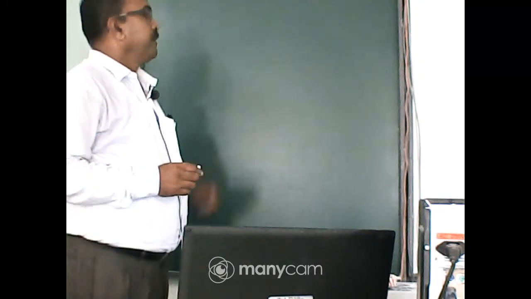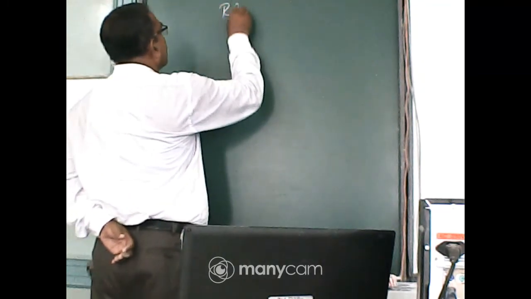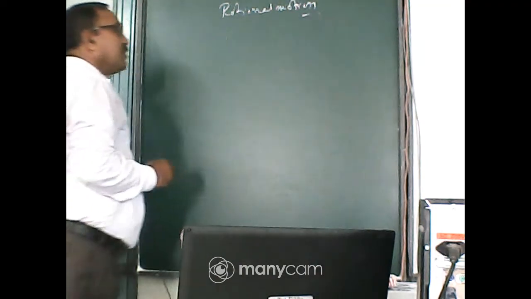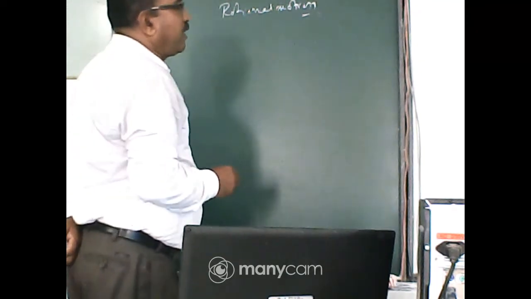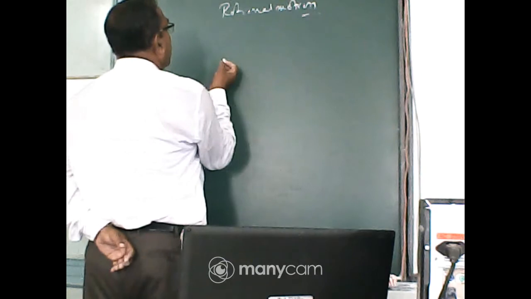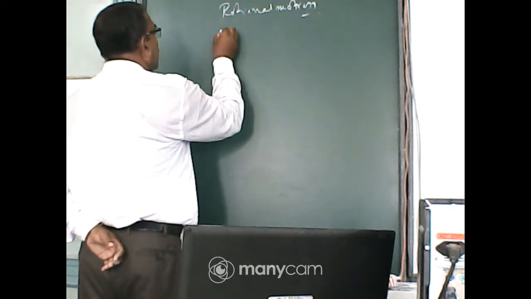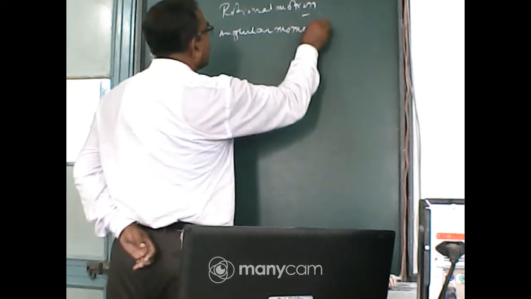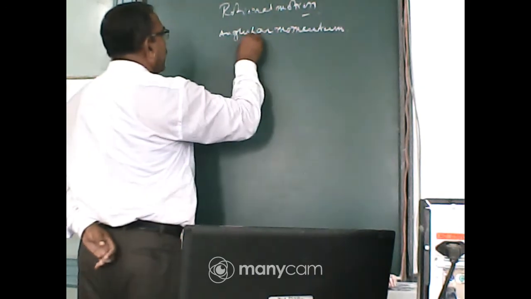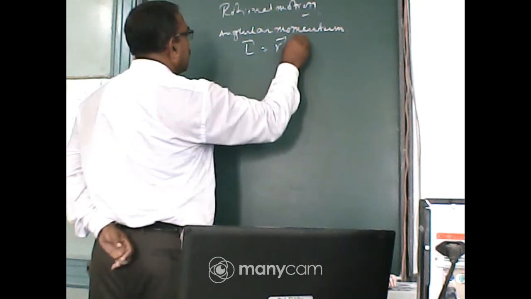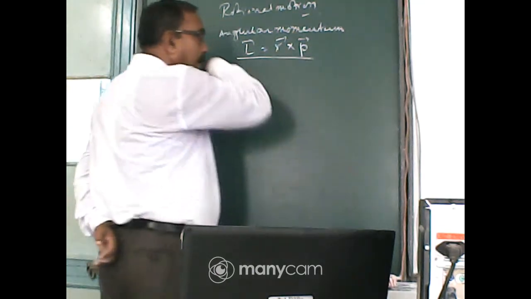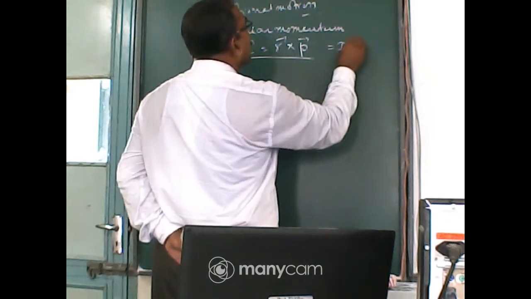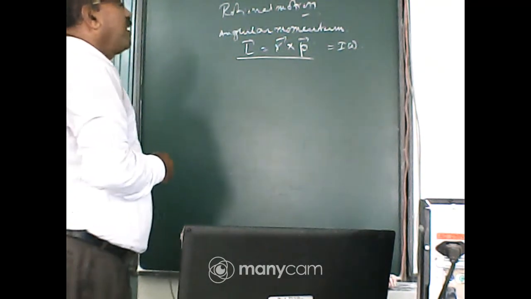Okay. The rotational motion. Last day, you checked in your class the angular momentum: L equal to R cross P. How can we write it?